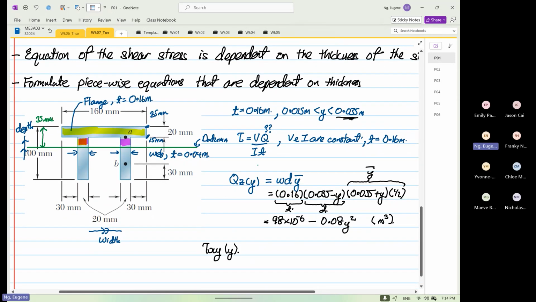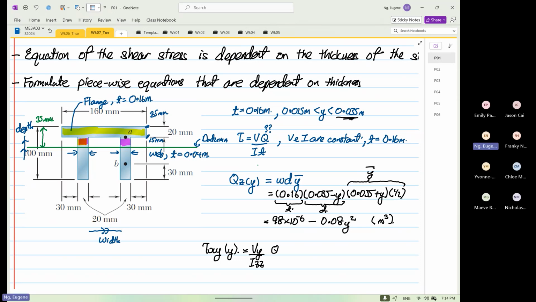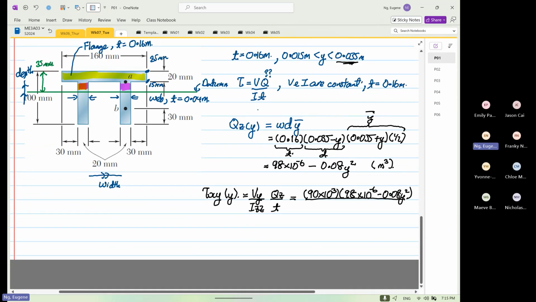So from here, we know that this will be equal to Vy over Izz, Qz over t. Vy over here, we know that this is 90 times 10 to the power 3. This is 98 times 10 to the power minus 6. This is your Q, minus 0.08 y squared. And then we divide by Izz. Izz given to us is 5.813 times 10 to the power minus 6.